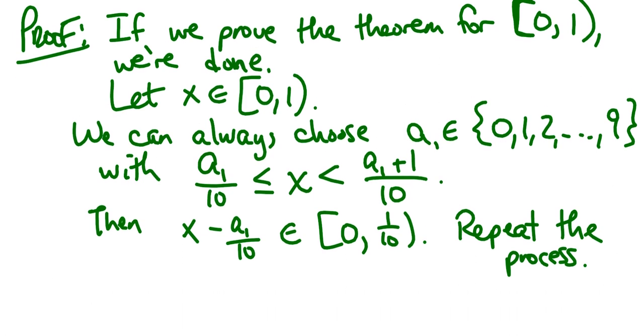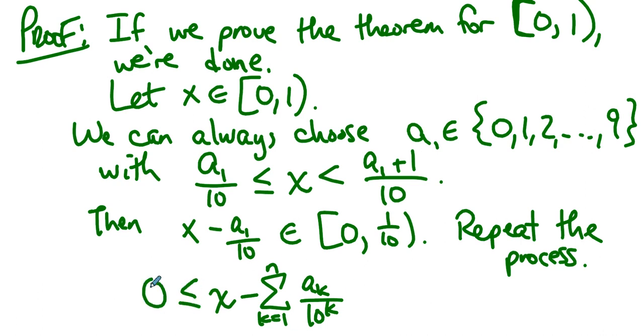So how do we know that this can go the way we think it does? Well, if we subtract off n decimal places, that's what this is, we've subtracted n decimal places.